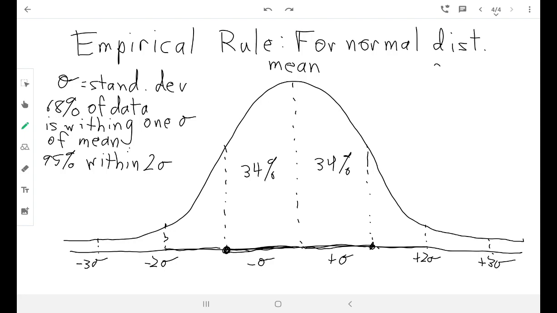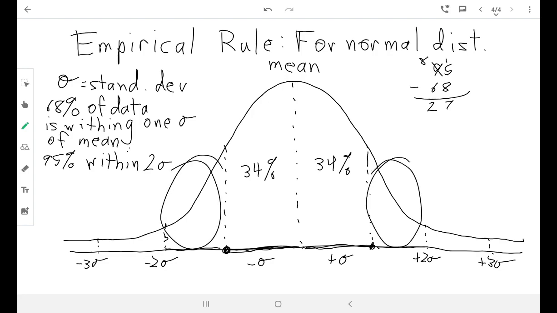So if you do 95 minus 68, you have to borrow, and then that'll be 7, that'll be 2. So we're talking 27% between here and here.